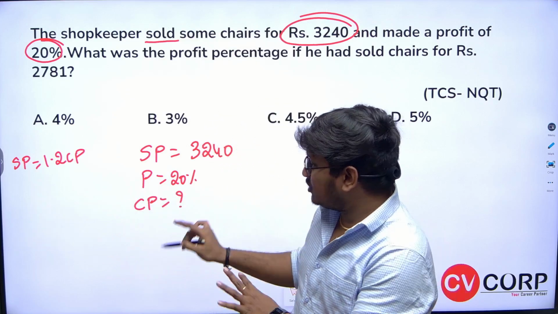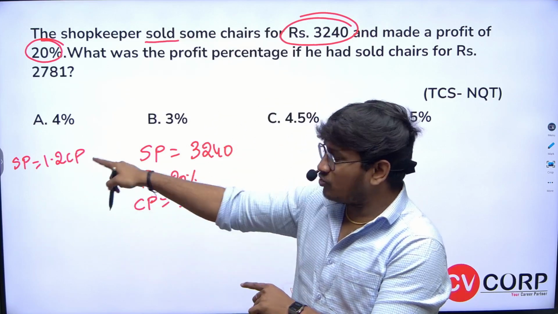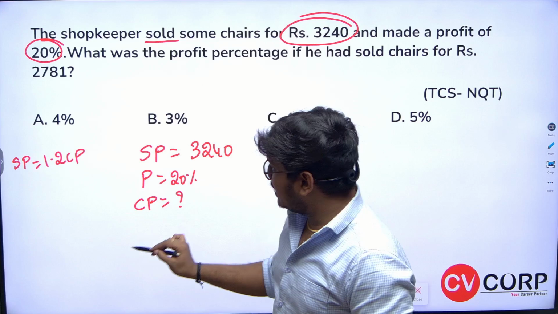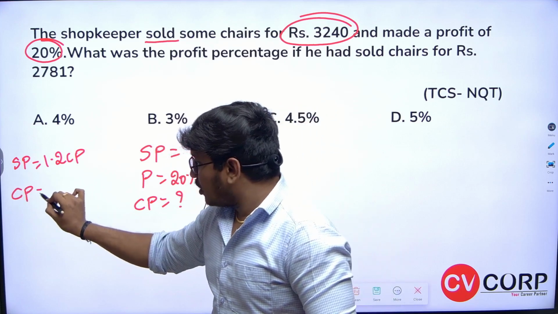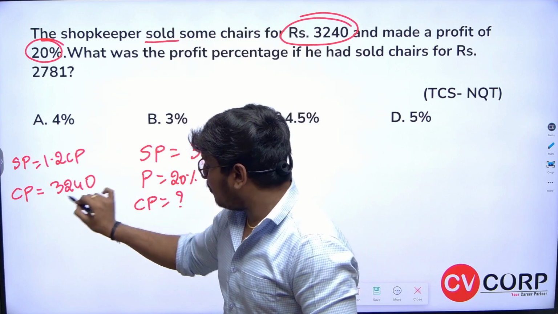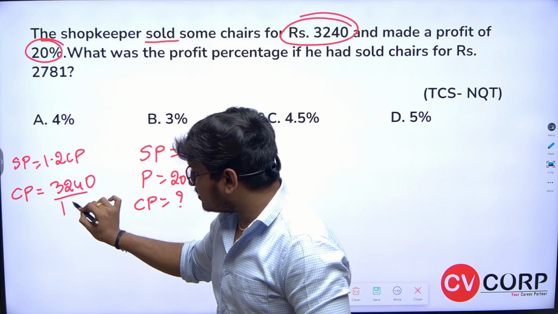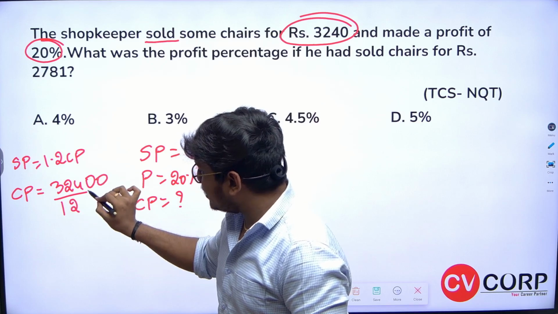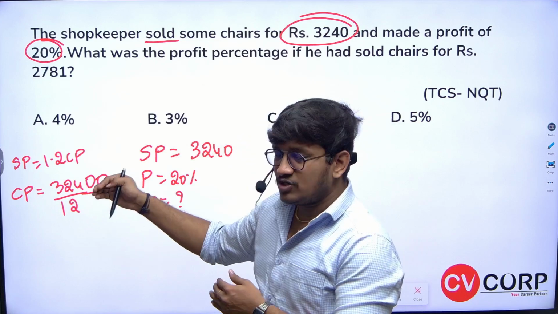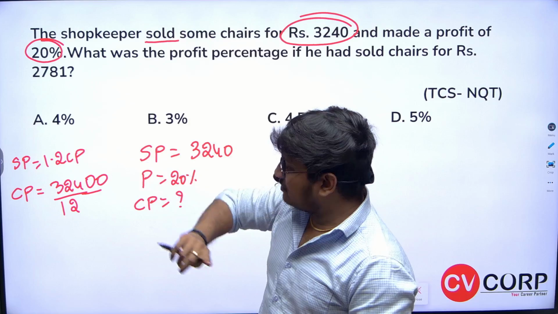You just need to know that if profit is 20%, how to frame the relation between selling price and cost price. We already know the selling price, we just need to find the cost price. Cost price equals selling price 3240 divided by 1.2. I can write 1.2 as 12 by 10, so the 10 goes to the numerator.